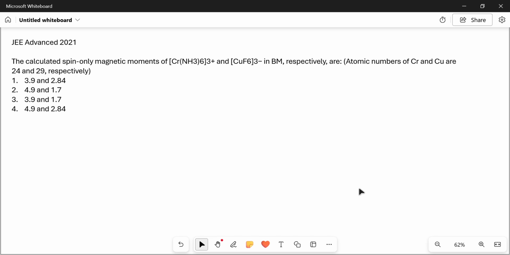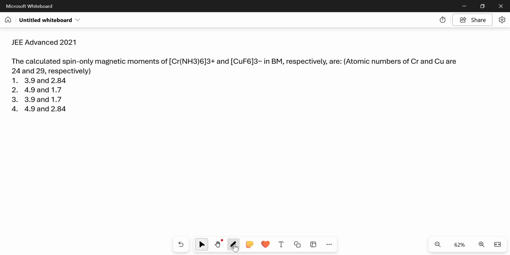So the first question: calculate the spin-only magnetic moments of these compounds in Bohr magneton respectively. You have to find the spin-only magnetic moment value for these two complexes, of chromium and copper. So let's do it.